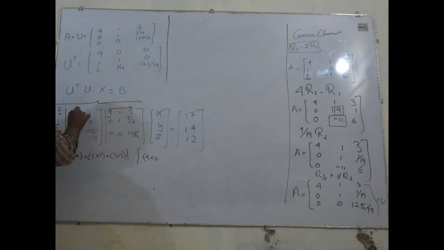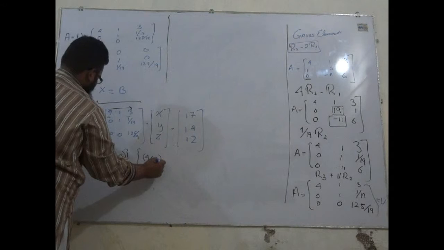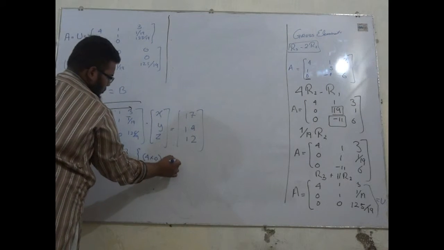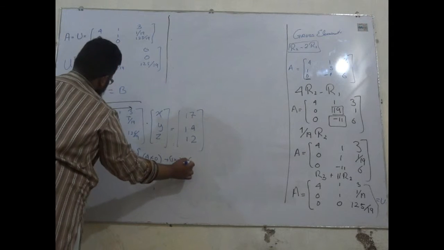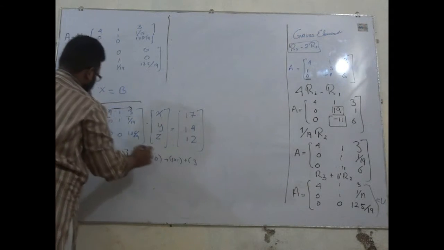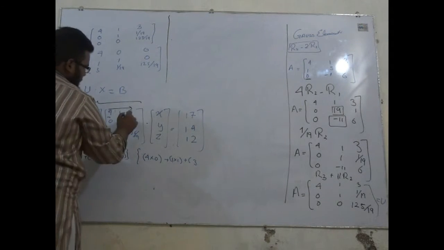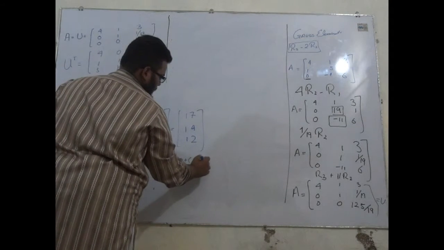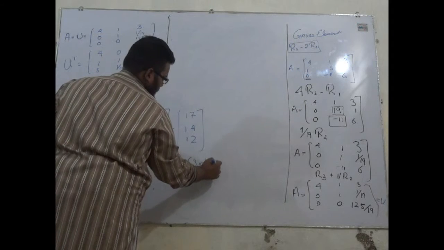This will be the second row. 4 into 0 plus 1 into 1 plus 3 into 1 over 19.